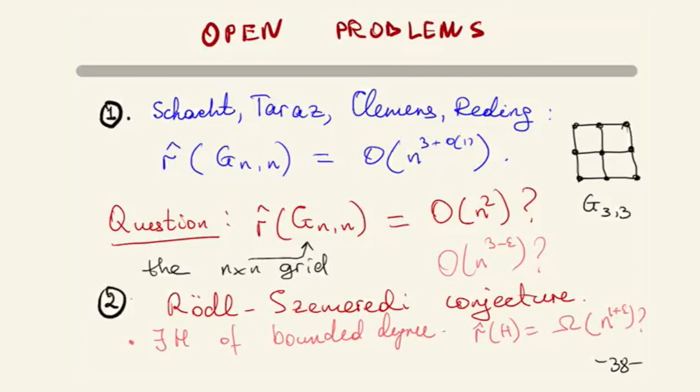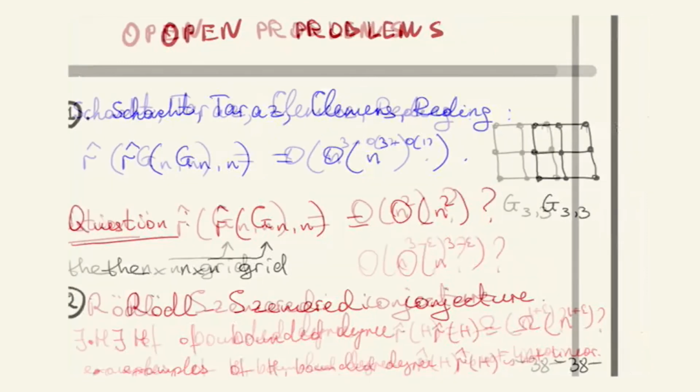This is one question. And the second question is examples of other graphs of bounded degree such that the size Ramsey number is not linear. So far, we only know of one graph, basically.